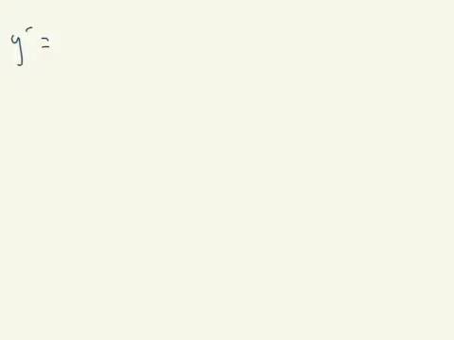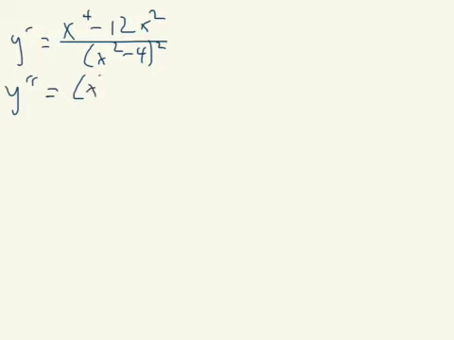If we distribute, it's going to be x to the fourth minus 12x squared all over x squared minus 4 squared, right? Okay, the derivative of this will be: rewrite the denominator times the derivative of the numerator, which would be 4x cubed minus 24x, right?